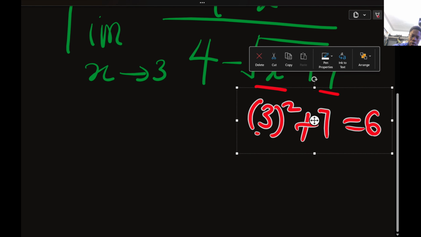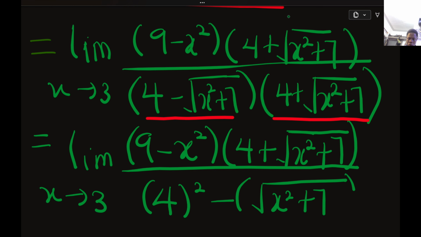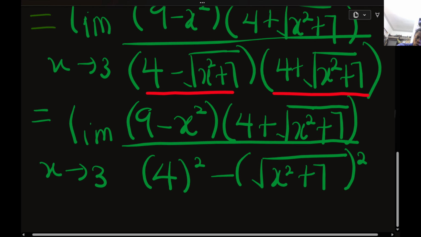Now when you consider the denominator, you can apply the concept of difference of two squares. We pick the first term, which is the 4, repeated in the two expressions, so it's going to be 4 squared minus the square root of x squared plus 7, squared. All right, so we continue to simplify.